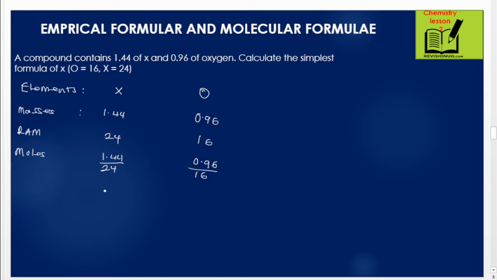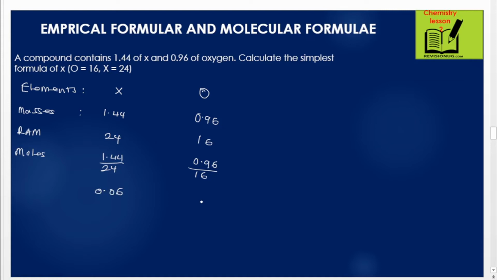Now let us compute this. 1.44 divided by 24. What are we getting? 0.06.